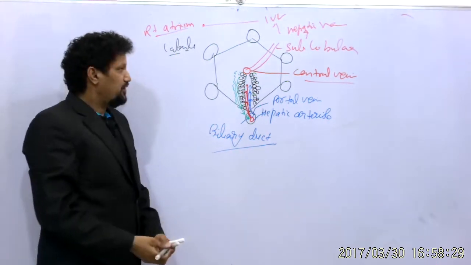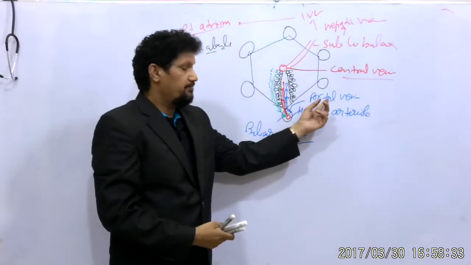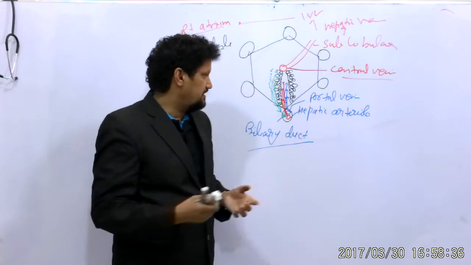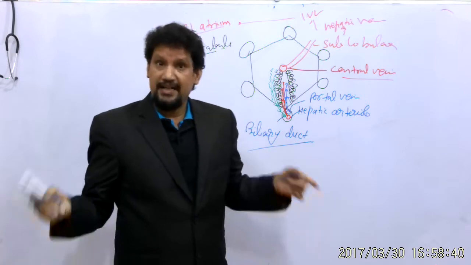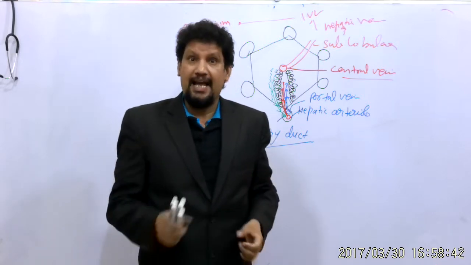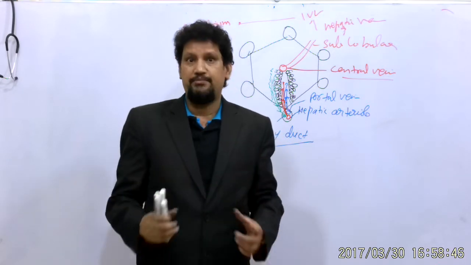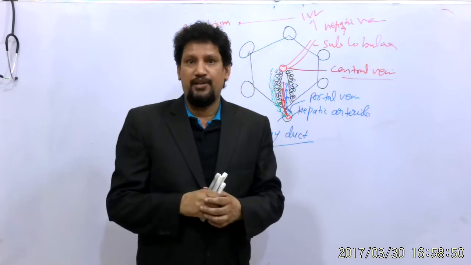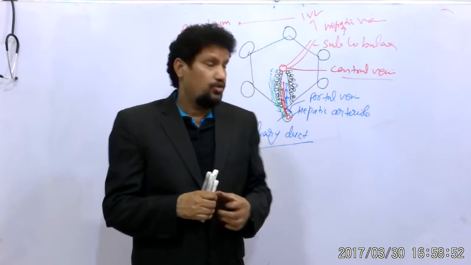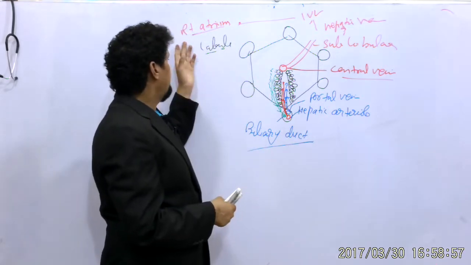So, this is the peculiar feature of the portal vein, that it brings the less oxygenated, oxygen-poor blood from the viscera of the GIT. Blood comes to the liver, and after exchange and detoxification of the nutrients and completion of metabolism, it enters the central vein, the sublobular vein and the inferior vena cava through the hepatic veins, and finally the blood goes into the right atrium.